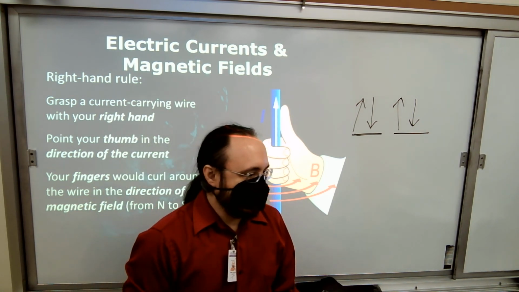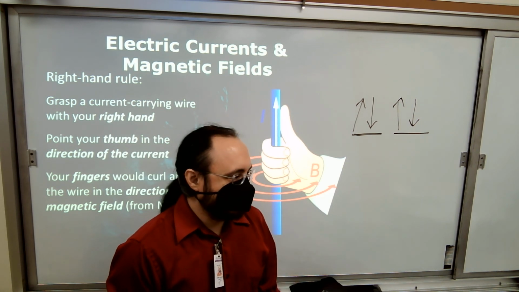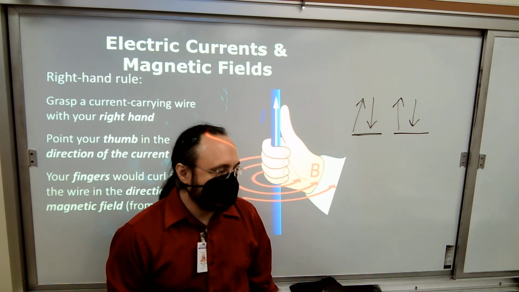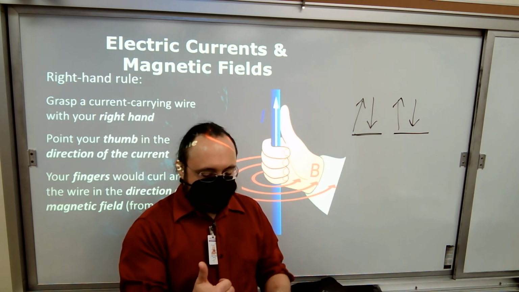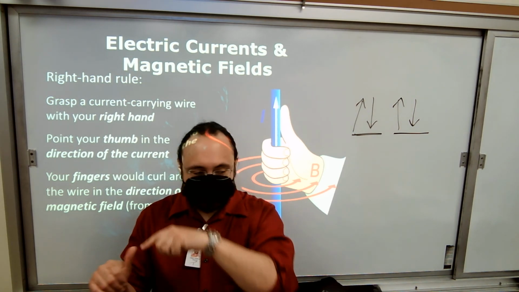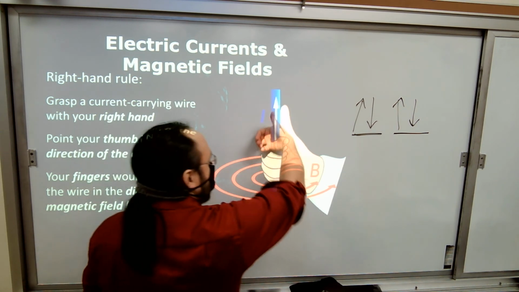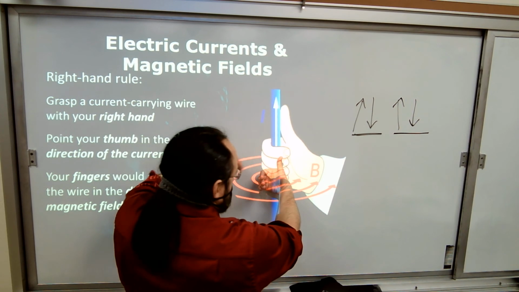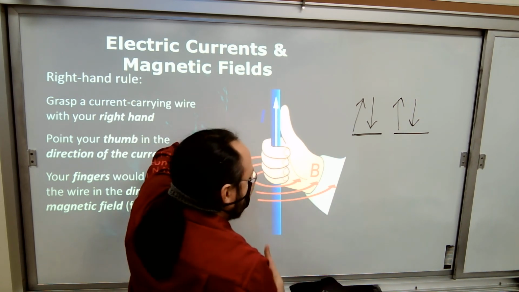And we're going to do an example here. So it shows the direction of the magnetic field in a straight line or in a curved path. So if the current is straight, you point your thumb in the direction of the current, and then your fingers show the direction of the curly magnetic field.